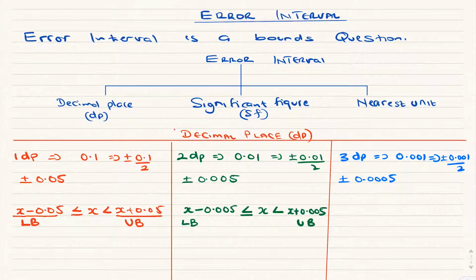The lowest possible value of x in this case will be x minus 0.0005. So that will be your lower bound, or the smallest possible value, and that will be less or equal to x, which is less than the highest value of x, which is the upper bound, and that will be x plus 0.0005.